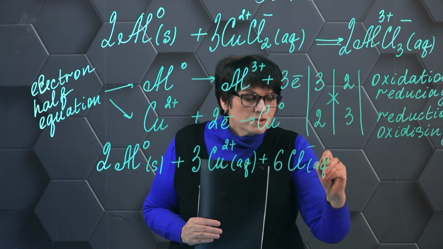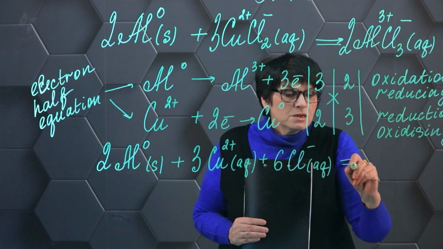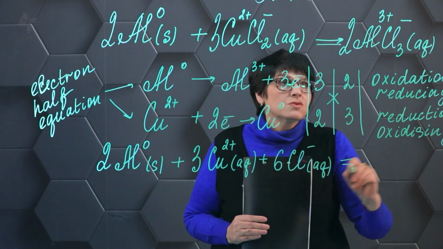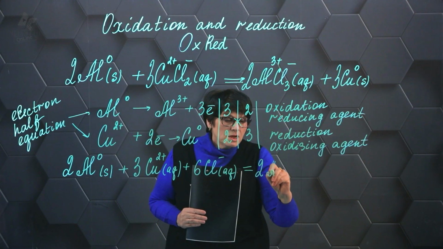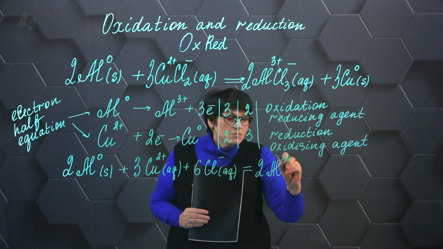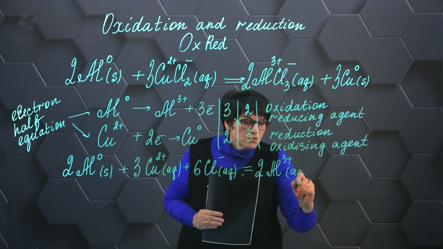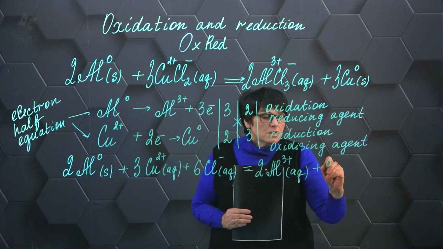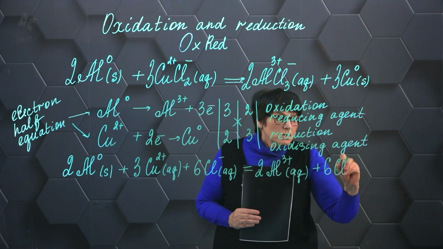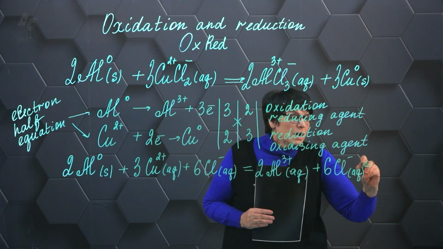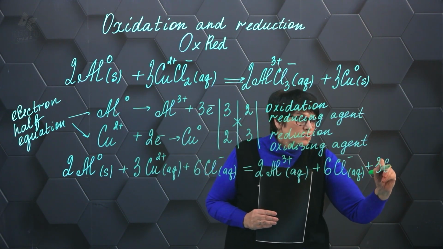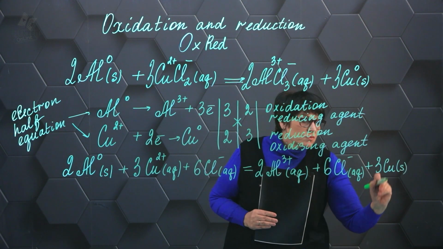These ions are in solution. 2 AlCl3 will also dissociate into 2 Al3+, which are in aqueous solution, and the chlorine ions will be 6 Cl minus, also aqueous. And also 3 copper, which will be in the solid state with a charge of 0.